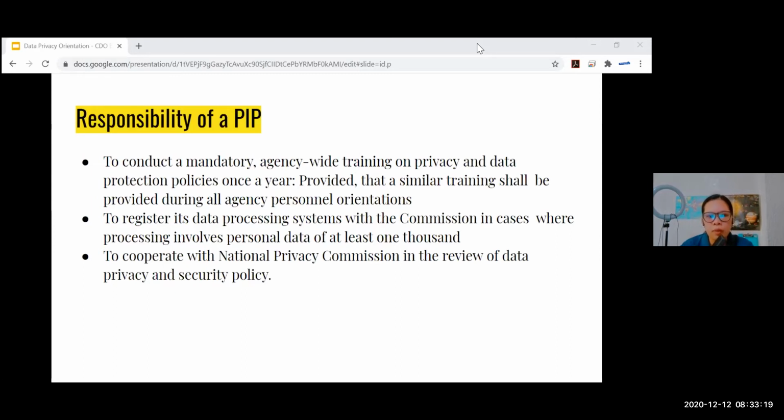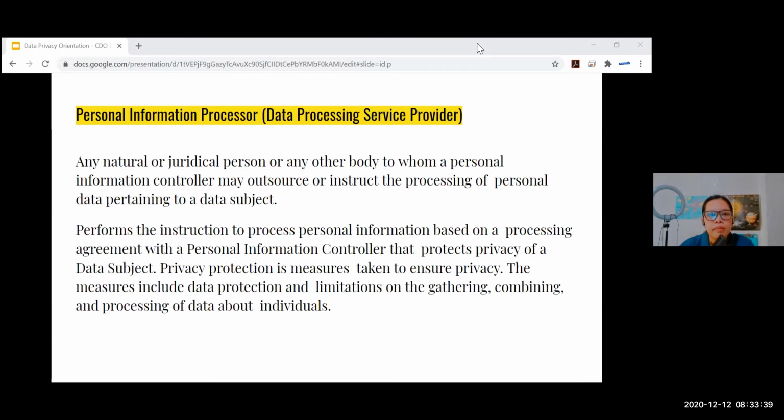And last, to cooperate, of course, with the NPC in the review of data privacy and security policies. So those are, by the way, the personal information controllers' responsibilities. Now let's take a look at the processor side and see what they're responsible for. The processor is any natural or juridical person or any other body to whom a personal information controller may outsource or instruct the processing of personal data pertaining to a data subject.